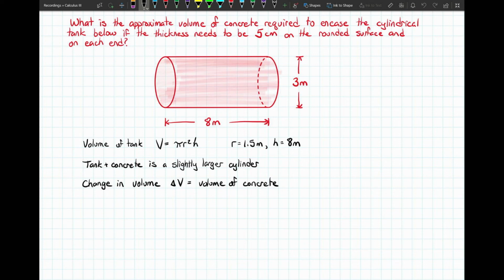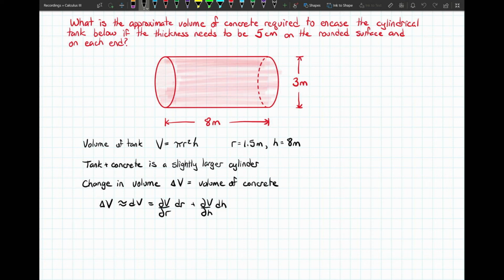And in differential form, that change in volume is approximately dV, and dV equals del V by del R, one of the two variables that volume is dependent on, times the differential dr, plus del V by del H, which again, because volume depends on the length or height of a cylinder, times the differential dH.